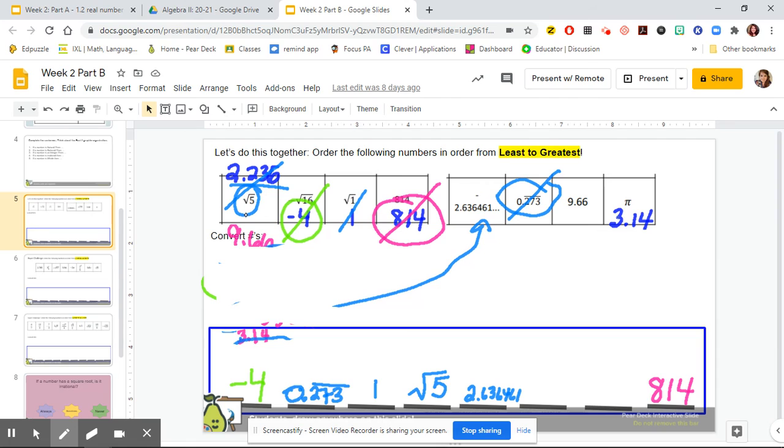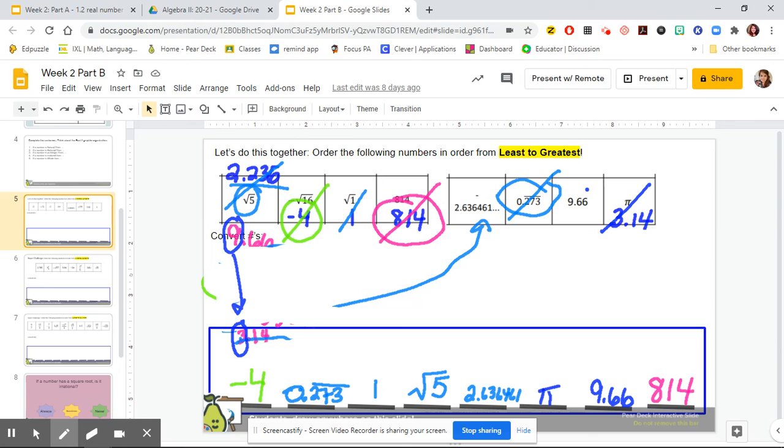Pi is 3 and 9 is 9, 3 is smaller, so we're going to put pi next, and then we're going to do 9.66. 9.66 was the original answer, so I don't need to convert it back to the original problem.